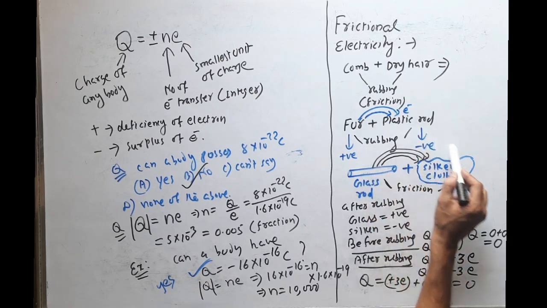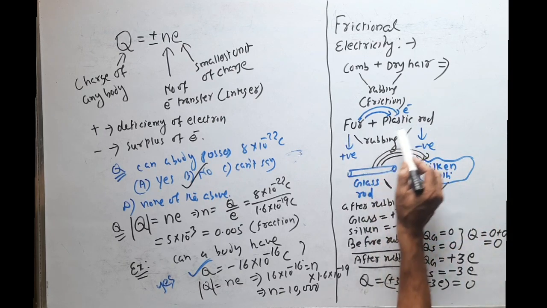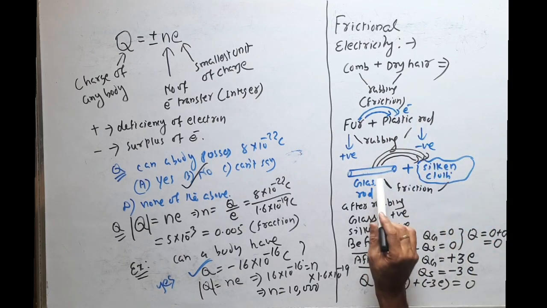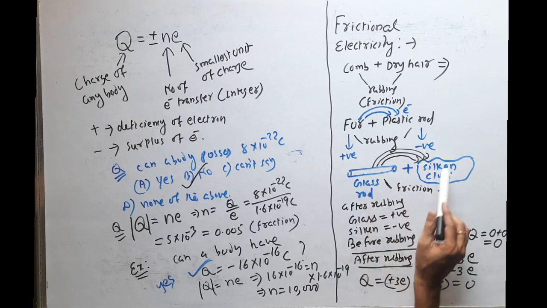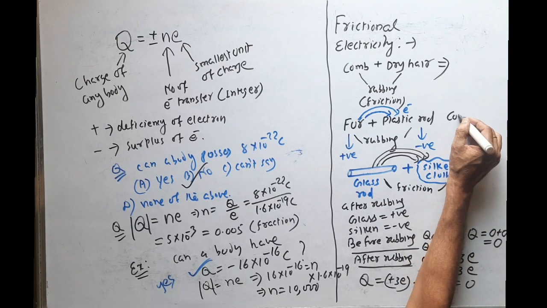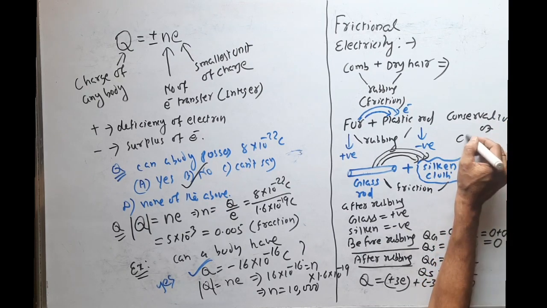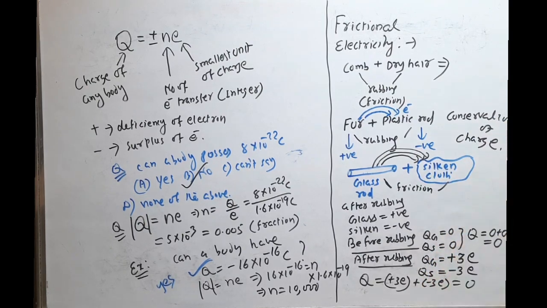For an isolated system, meaning there is no interference of other charges, the total charge is always conserved. That property is called conservation of charge. I think it is clear.